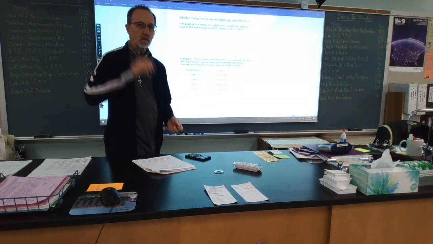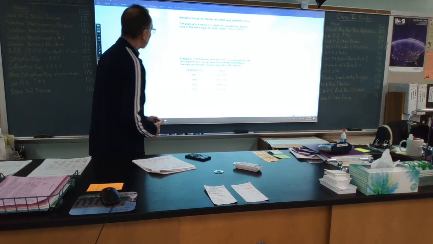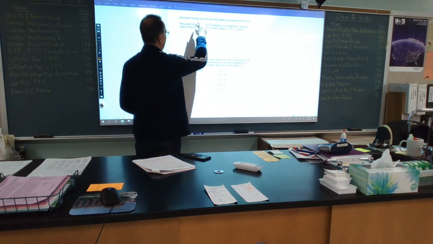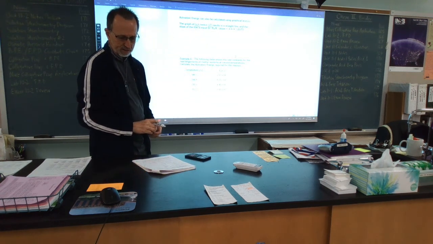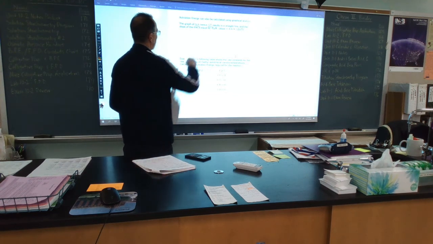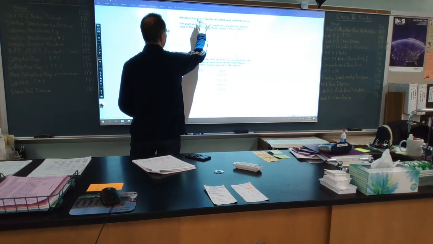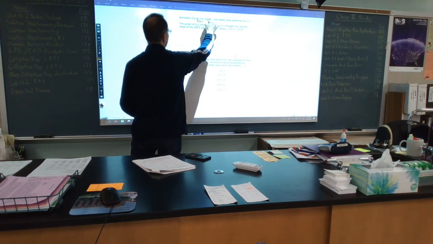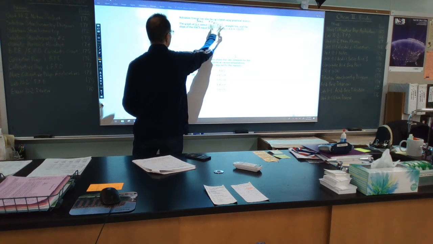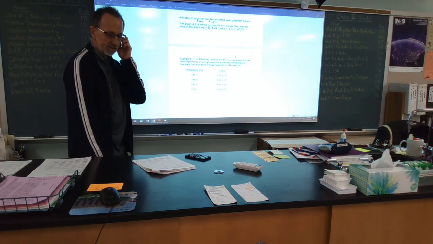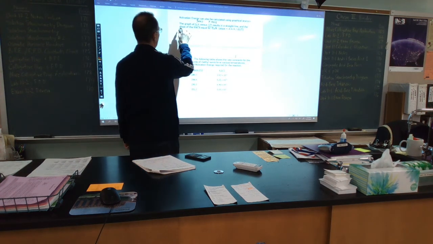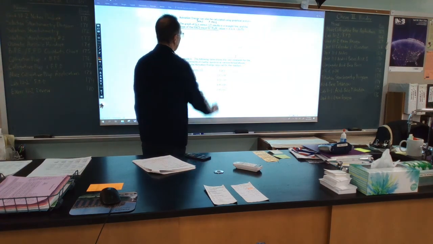So we're going to do a little graphing here. The graph of ln k versus 1 over T results in a straight line. So this is our y-axis, and this is our x-axis.